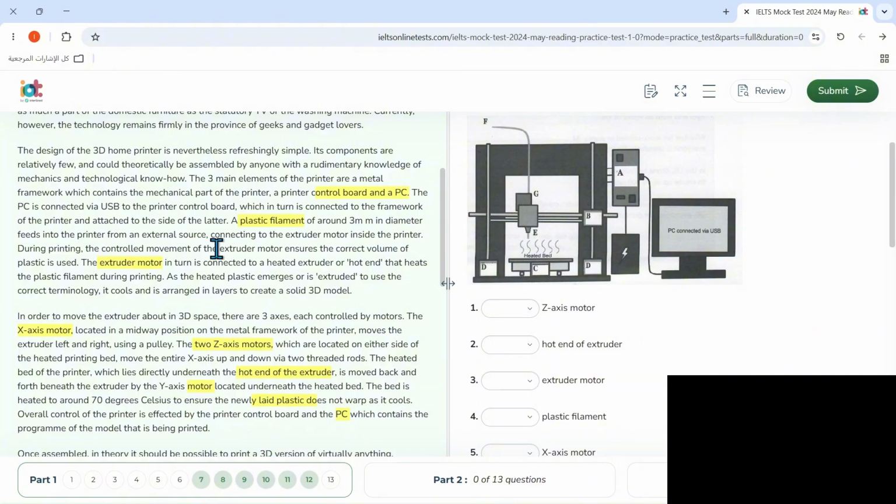A plastic filament of around 3 mm in diameter feeds into the printer from an external source, connecting to the extruder motor inside the printer.